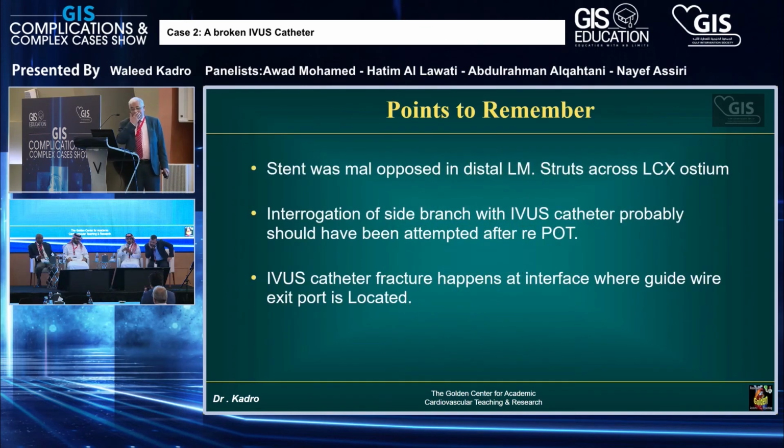What I can conclude is the stent was malopposed in the distal left main, and there were struts across the left circumflex. Interrogation of this side branch with IVUS for the circumflex should have been attempted after re-POT, I think. That would have prevented this complication. And the IVUS catheter fracture happened at the interface between the guide wire and this exit port.